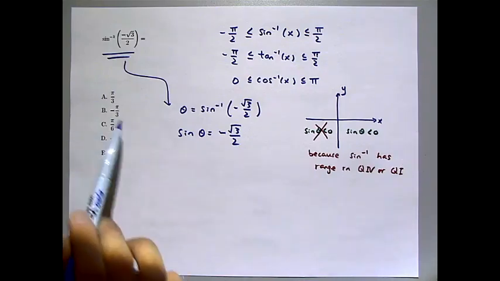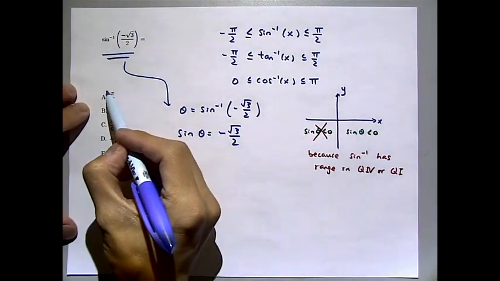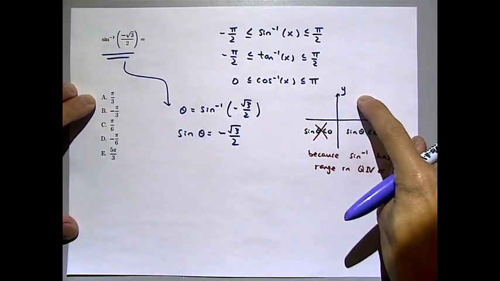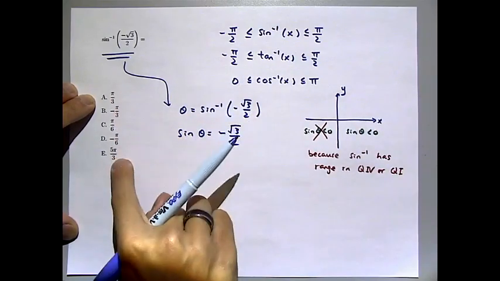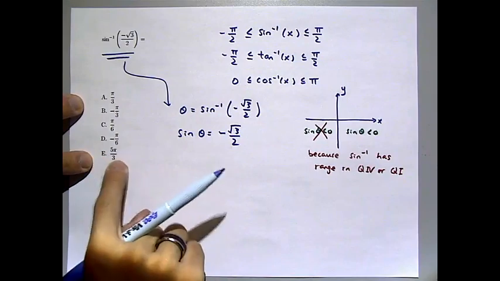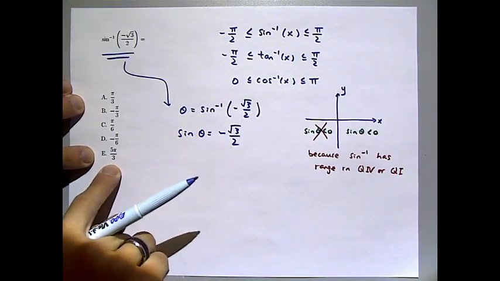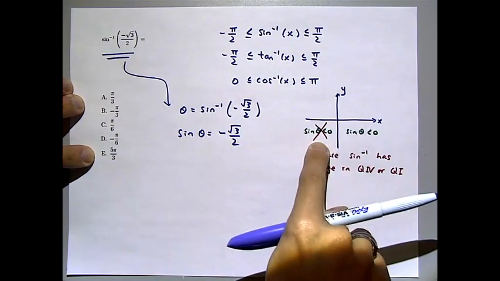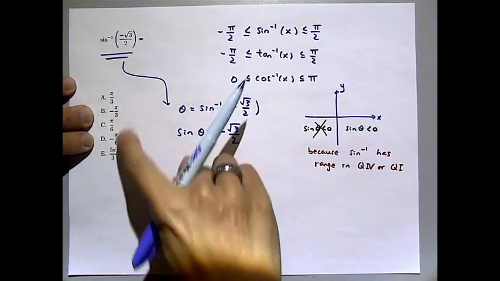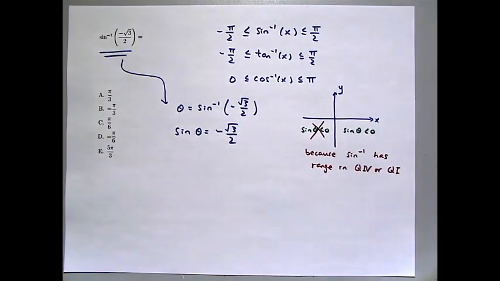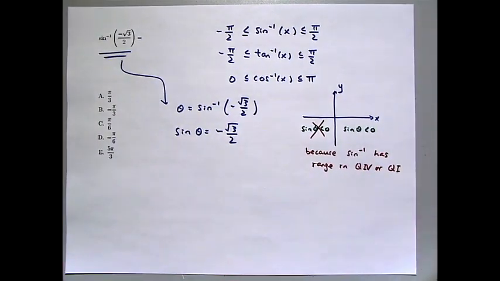So let's see. It cannot be A. A is in quadrant 1. It has a positive sign. It cannot be A, C, or E. Or actually, look at E here. E is the third quadrant angle. E is this guy. You can't choose that one. So you're down to B and D. Okay, so which one?